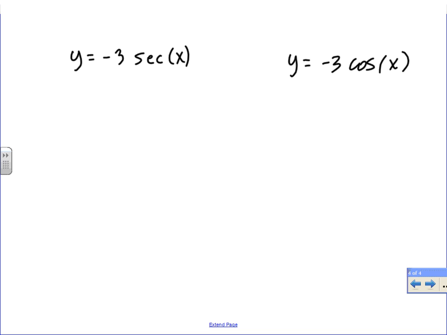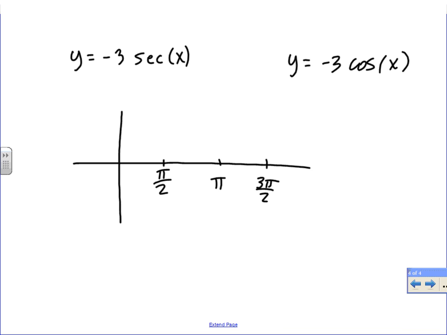Let's dot in this graph. Notice they're not changing the period on us. They're not giving us any coefficients in front of x. So we have pi, 3 pi over 2, and then 2 pi.